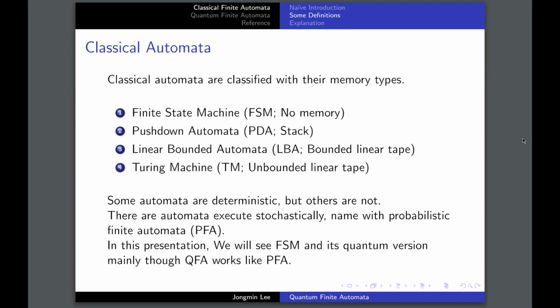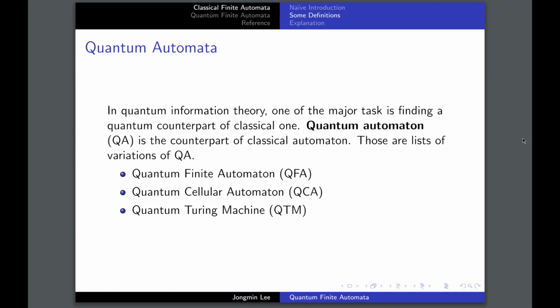Since the PFA definition is very similar to QFA, I don't need to introduce it now. Among basic quantum automata, there are basically 3 examples.